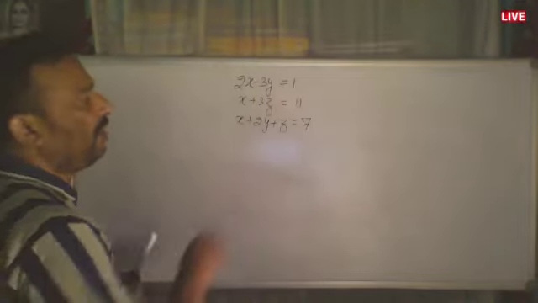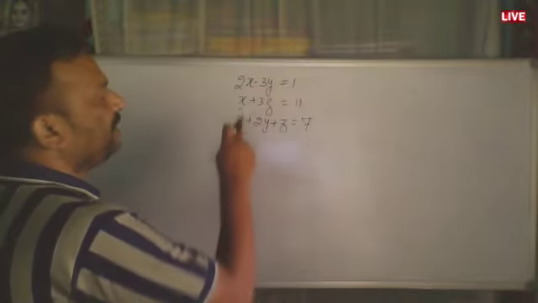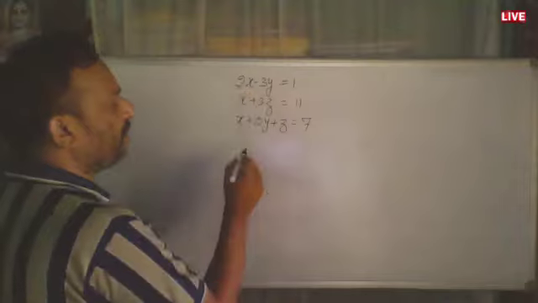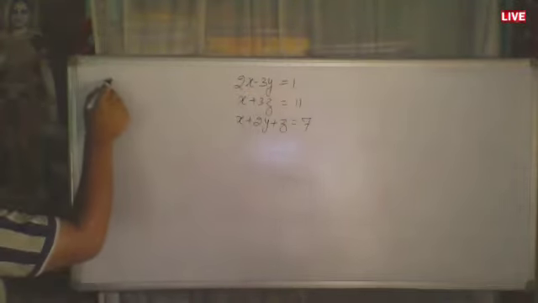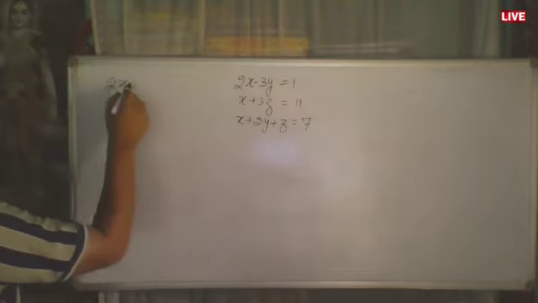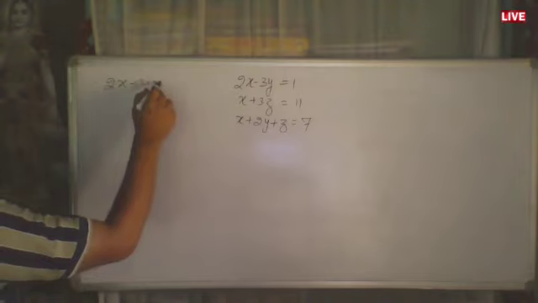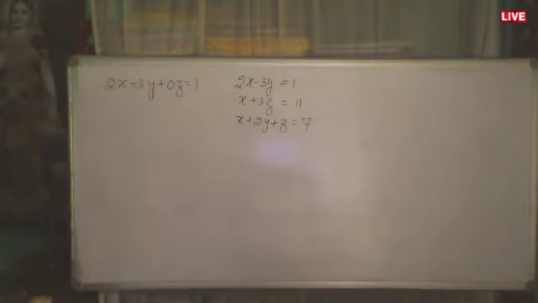First of all, we have to write this system of linear equations in its standard form. Since it contains 3 variables, we have to write it in all 3 variables form, like 2x, minus 3y, there is nothing with z, so we will write 0z is equal to 1.